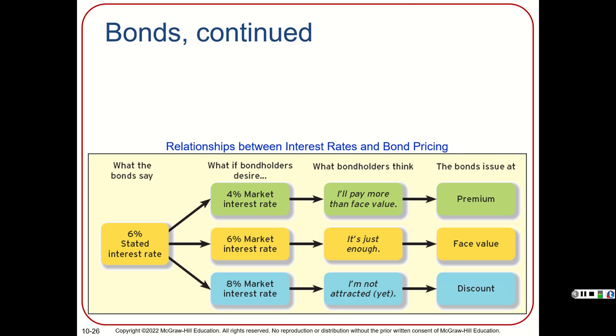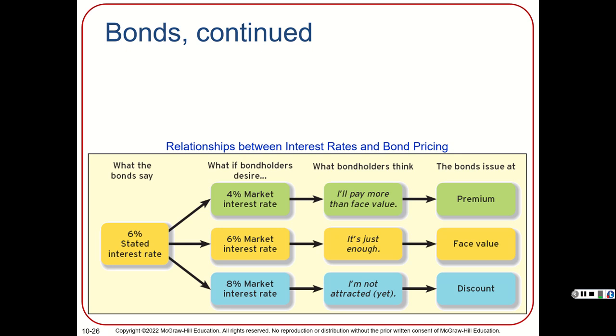So when they pay a little bit more, when the market is 4% and they are getting a stated rate of 6%, it doesn't change the interest that they are going to receive, but it allows the bond issuer a little bit more flexibility on the bond issuance.